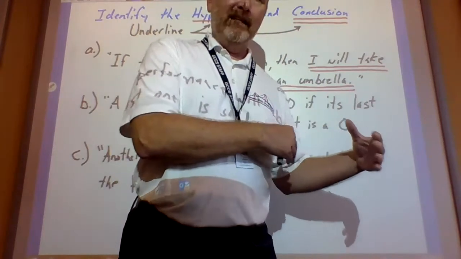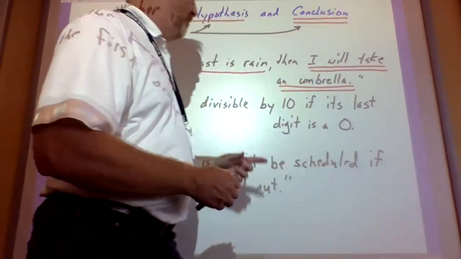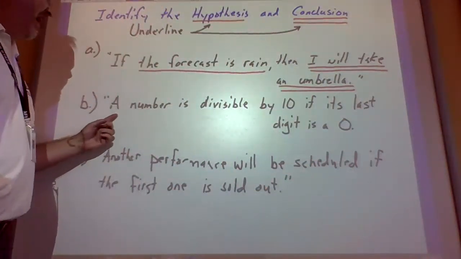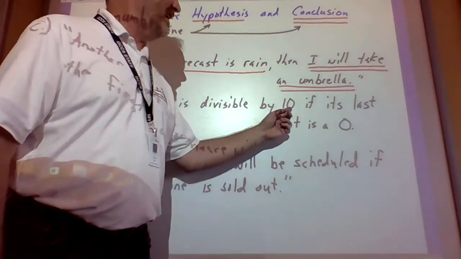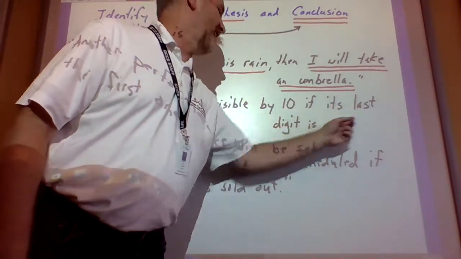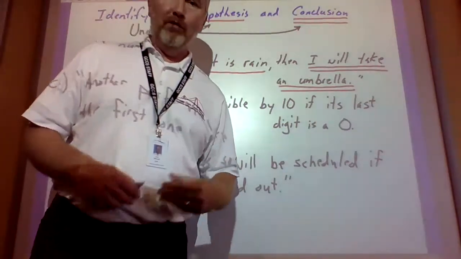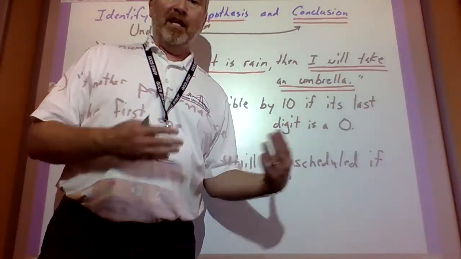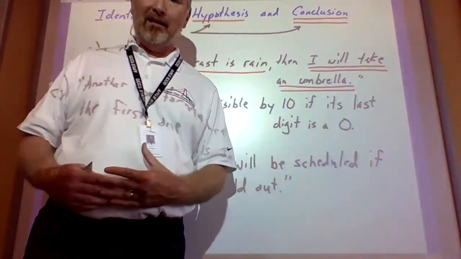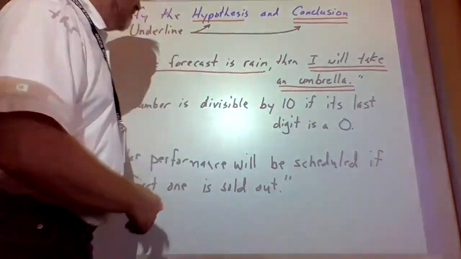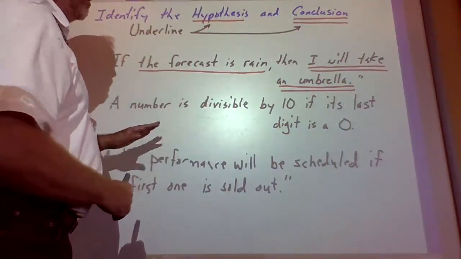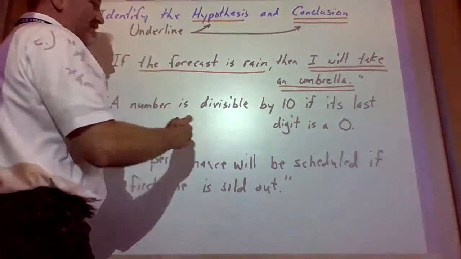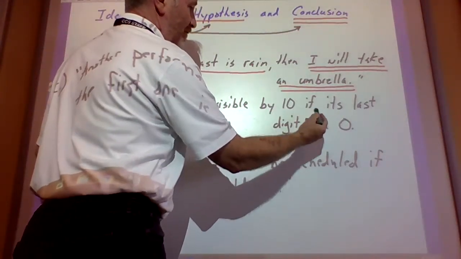The room getting cleaned is the first part, right? So that's what's going on here. A number is divisible by 10 if its last digit is a 0. So what you're saying, Mr. Metcalfe, is the conclusion can come first and the hypothesis second? Absolutely. Sometimes for emphasis, they'll do that. So on this one, the hypothesis is actually second, because here's the word if.